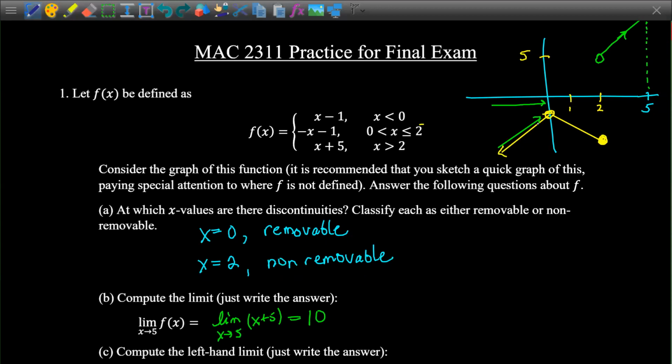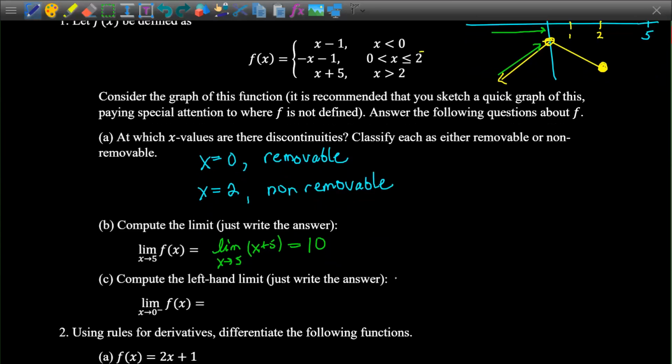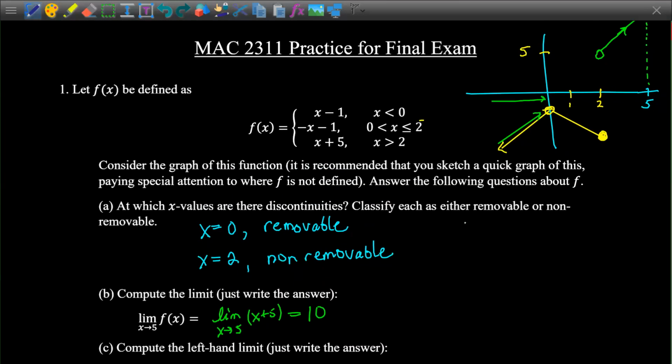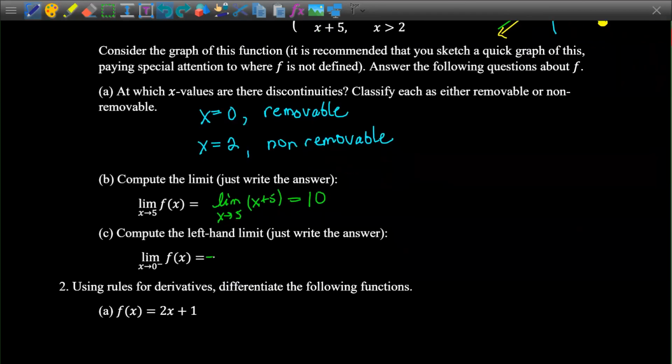And that's the answer, and we just need to write that down. So basically, even though this first piece is not defined at 0, that's the point that it is approaching. So we'll just plug in 0 into that first piece, and that will be our answer, -1.